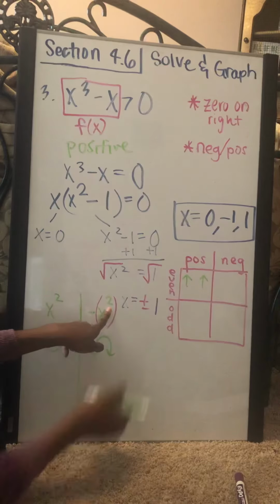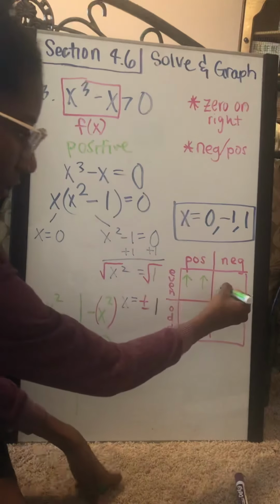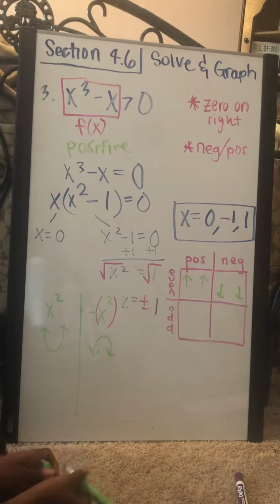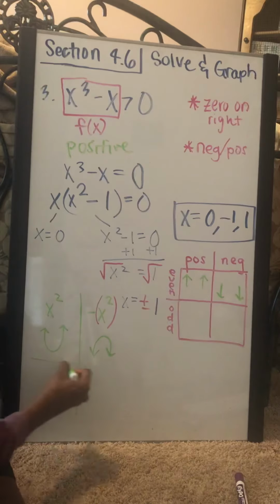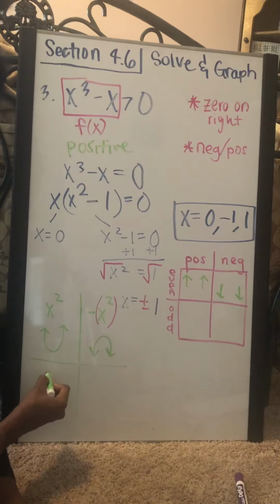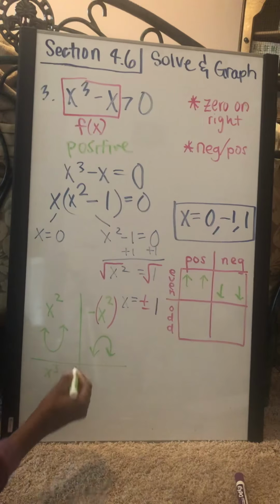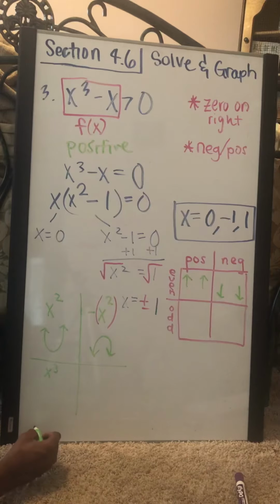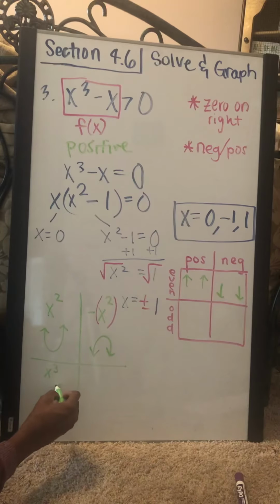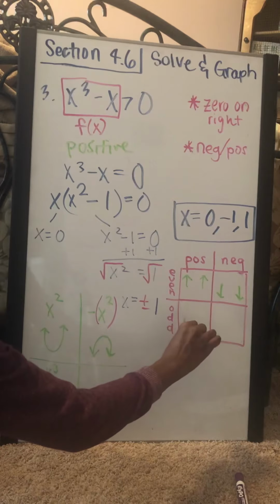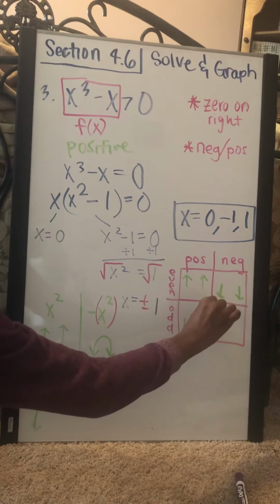When the highest power is even and it's negative, your end behaviors are both pointing down. Now, let's go to x cubed. Hopefully you remember what that looks like. It goes from the bottom to the top. So for our end behaviors here, when it's positive and odd, at first it's going down, and then it's going up.